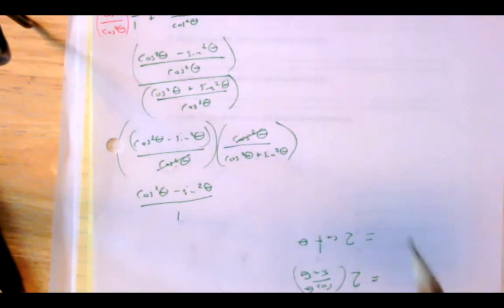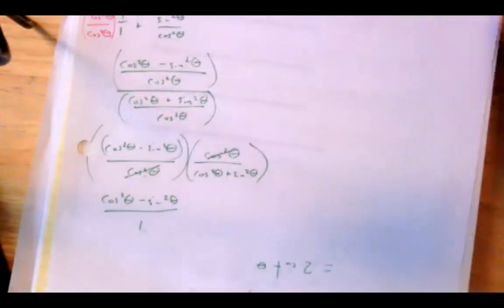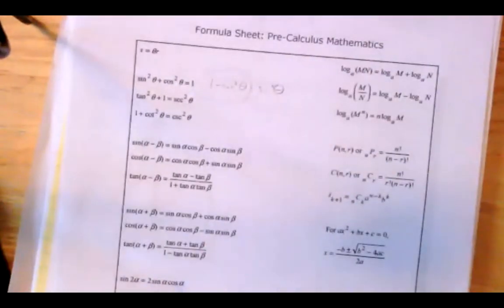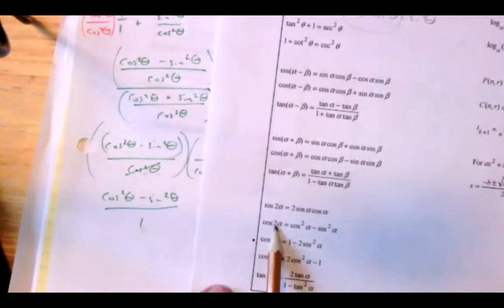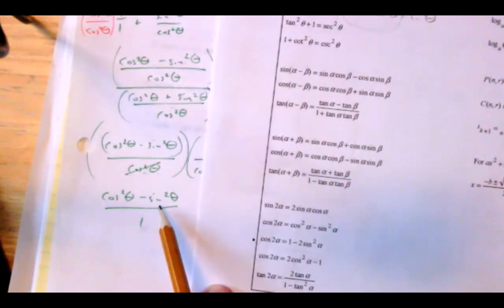I've got cos squared theta minus sine squared of theta. Now I'm going to double check my cos of 2 theta, see what that equals. Cos of 2 theta is cos squared of theta minus sine squared of theta, which is what I got here. Does that make sense? Yes. So basically what I did with the left side is I just simplified it.